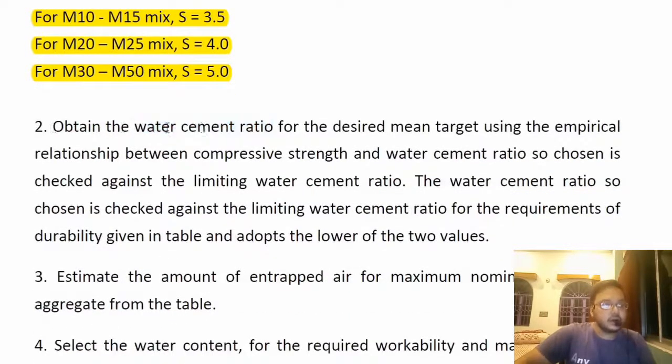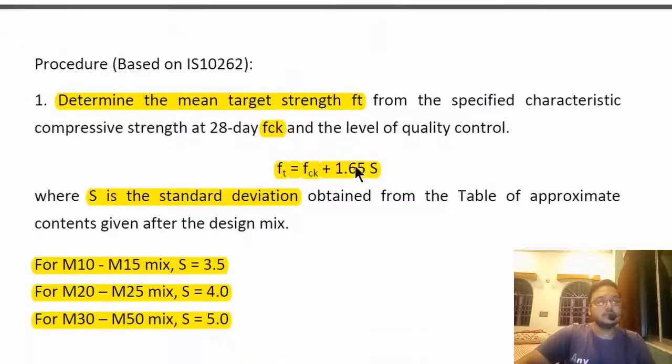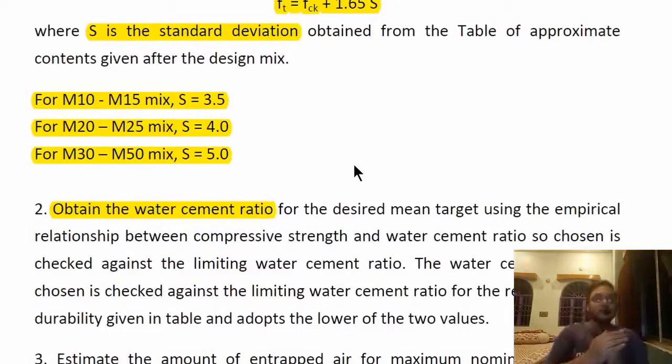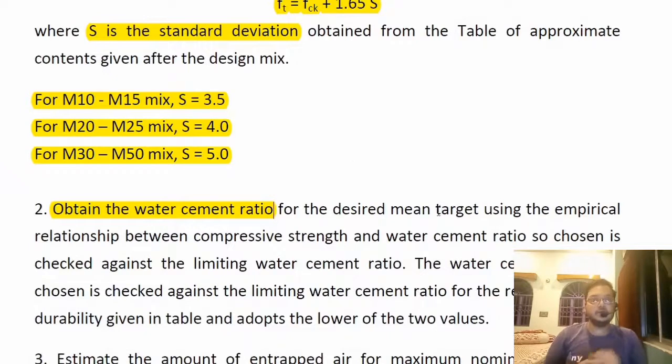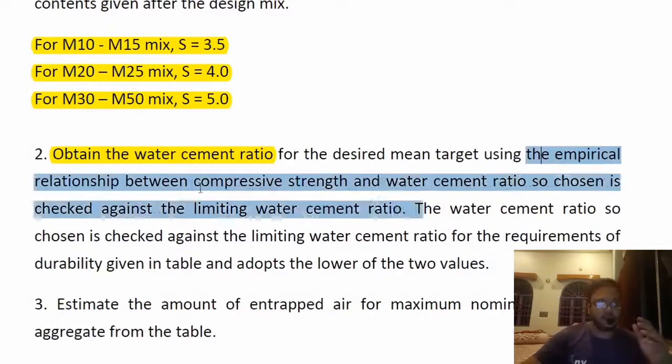Next is to obtain the water cement ratio. Next we need to obtain the water cement ratio for the desired mean target strength. So once we know about the grade, next our job is to know the relation between the water content and the cement content.